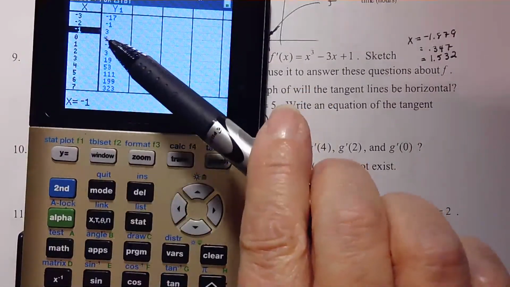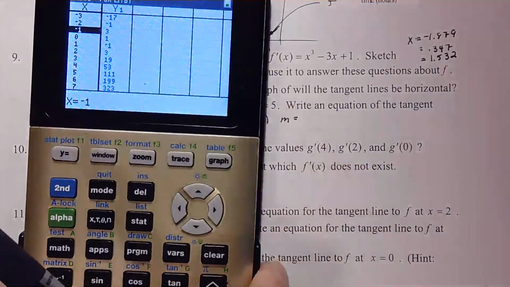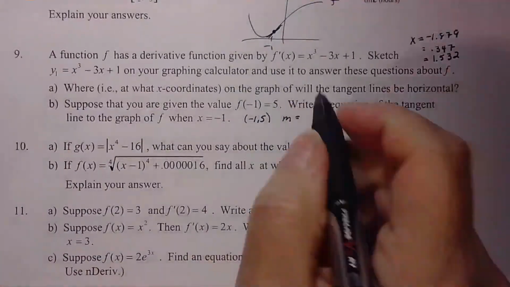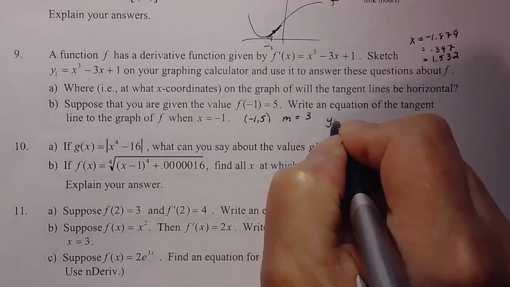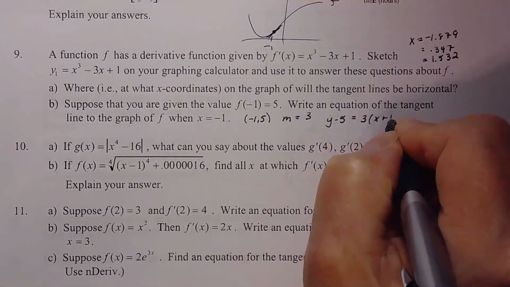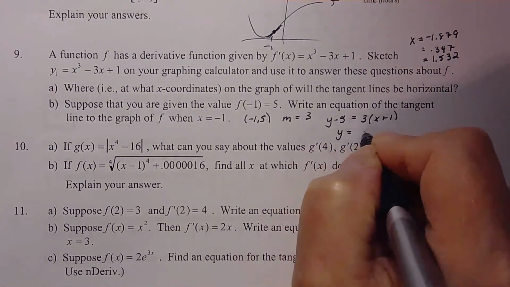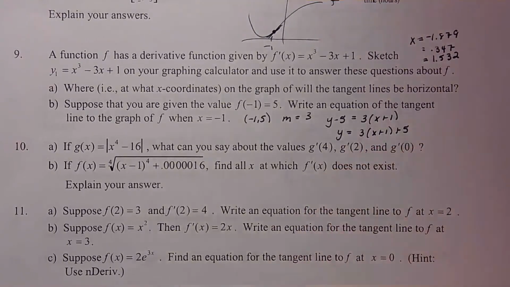Well, this is the graph of the derivative, so the y value means the slope of the tangent line is 3. So I have my slope here. So now I can write my equation. y minus 5 is equal to 3 times x minus -1, or y is equal to 3 times x plus 1 plus 5. Done.